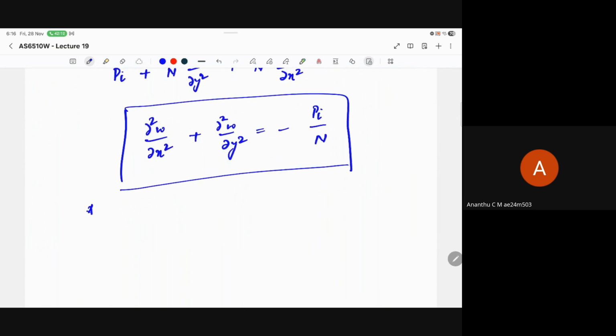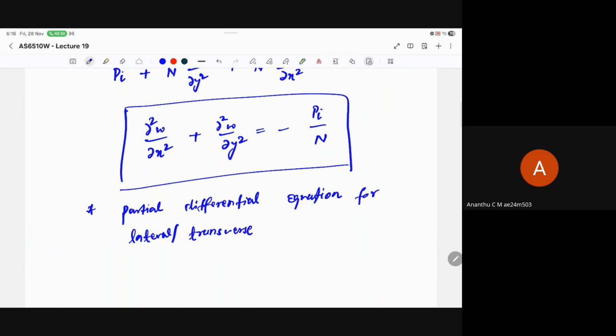Okay, so this is the partial differential equation for lateral or transverse deflections w of x comma y.